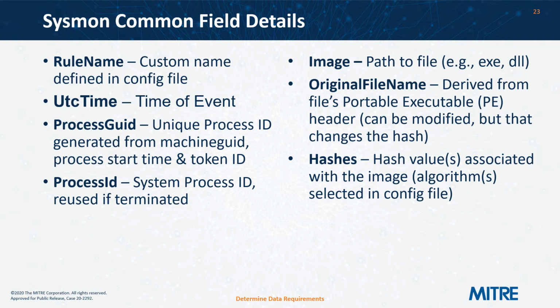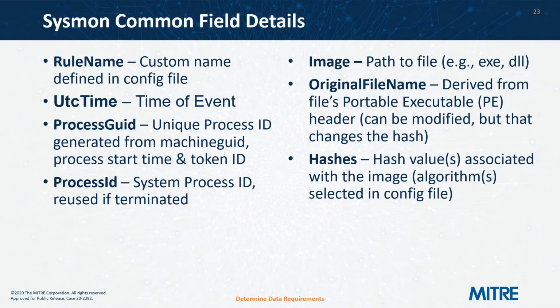However, Sysmon also provides a process GUID, or Globally Unique ID, derived from the process ID, the machine's GUID, the process start time, and the token ID associated with the process. It is extremely unlikely for this process GUID to be repeated accidentally, and is a more robust way to track processes across time and machines.